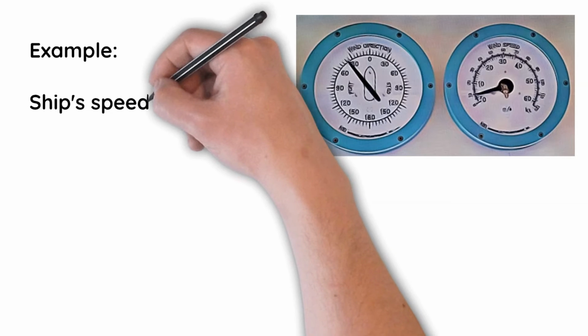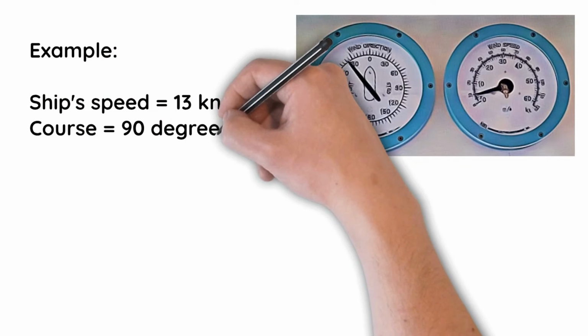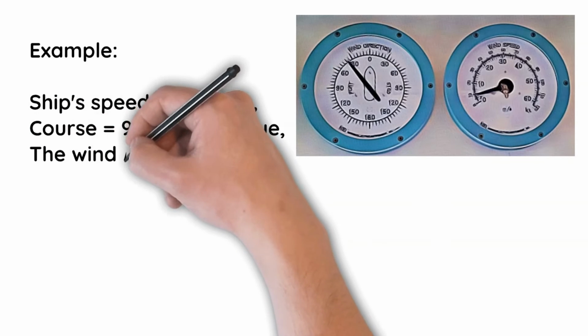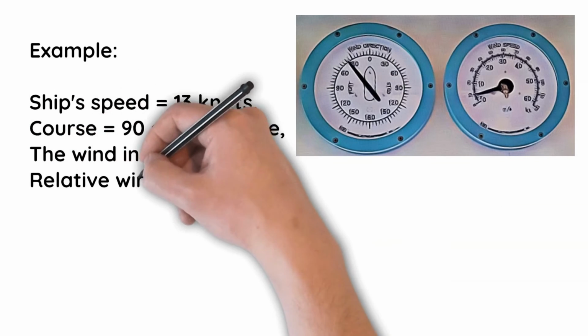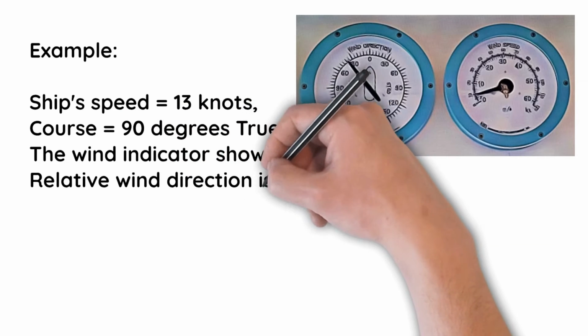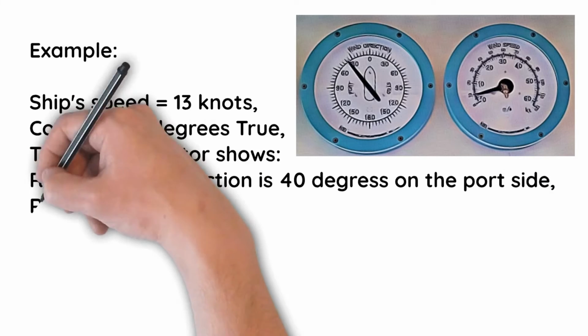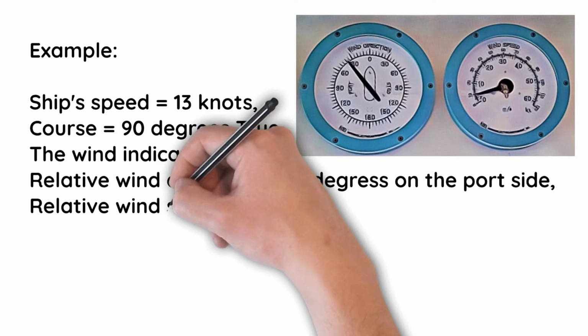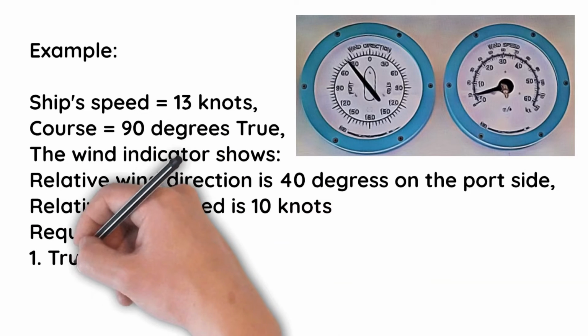Example: the ship's speed is equal to 13 knots. The course is 90 degrees true. The wind indicator shows the relative wind direction is 40 degrees on the port side. Relative wind speed is 10 knots. Required: 1.